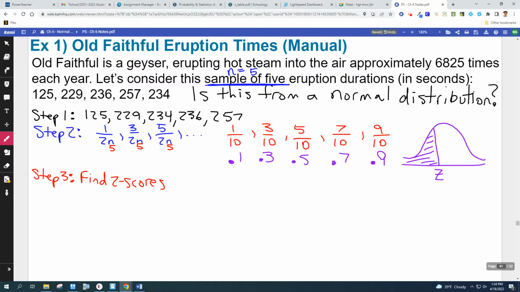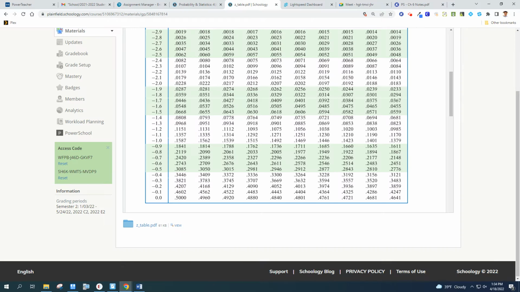So those purple numbers over there are areas. It would be nice to go and look at the chart. You could use your calculator, or you could use the chart. What I'm doing in this chart is trying to find the numbers 0.1, 0.3, 0.5. So where is 0.1?